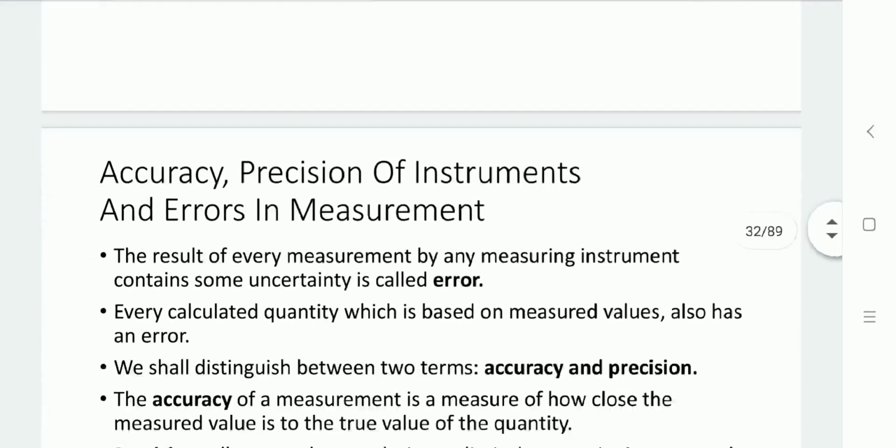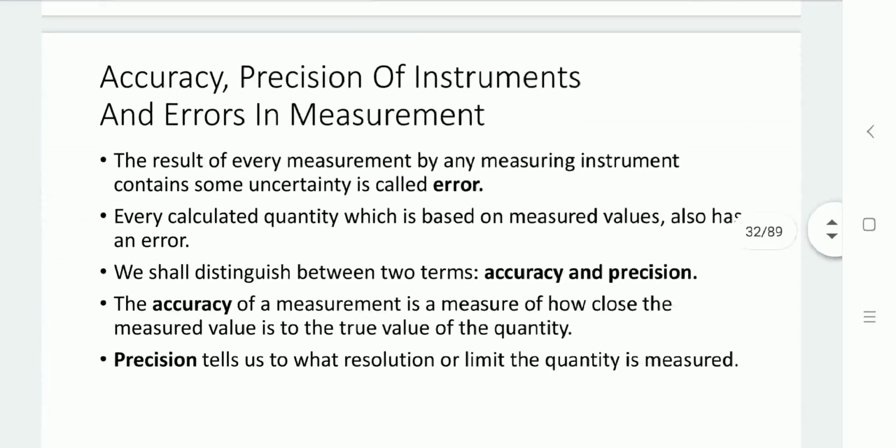Now let us move further to the next topic: accuracy, precision of instrument and error in instrument. Basically, first, what is error? Here, while we do any calculation based on a standard theorem, this theorem gives us proper steps to follow for that calculation.